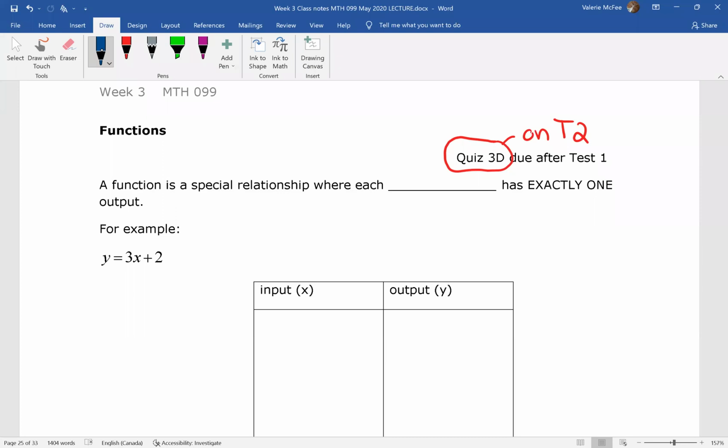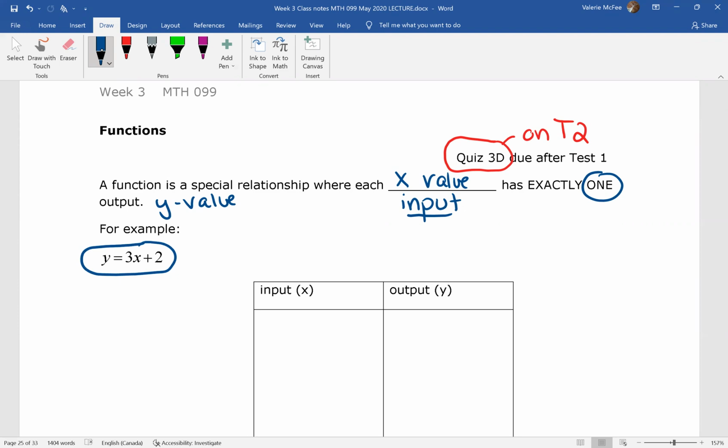Now, a function is a special relationship between x and y. In a function, each x value or each input has exactly one output or exactly one y value. So look at this equation here, for example. You should recognize that this is a linear equation.